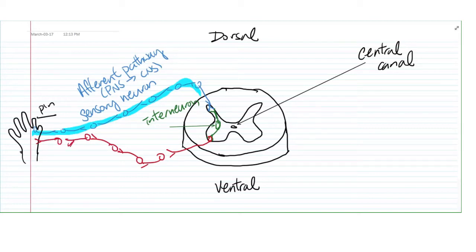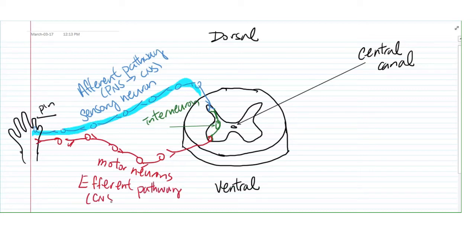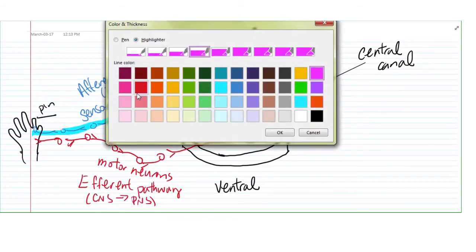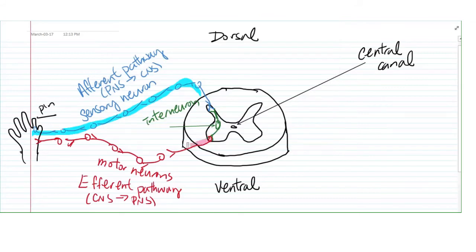This path is made up of motor neurons, and we call this the efferent pathway, which takes information from the CNS to the PNS. So this path that I just drew is the efferent pathway.